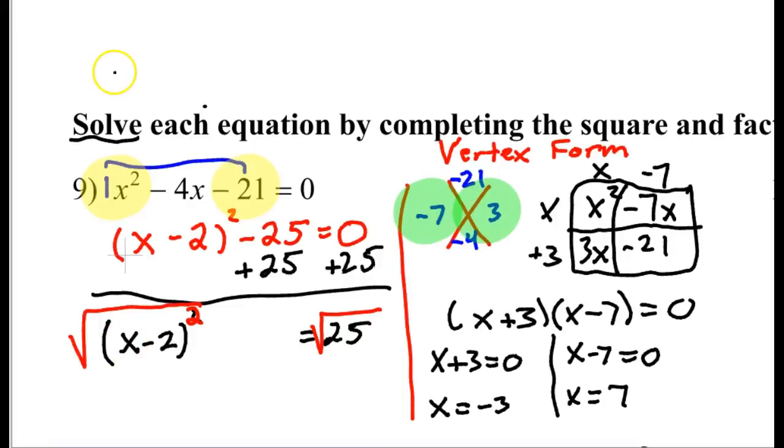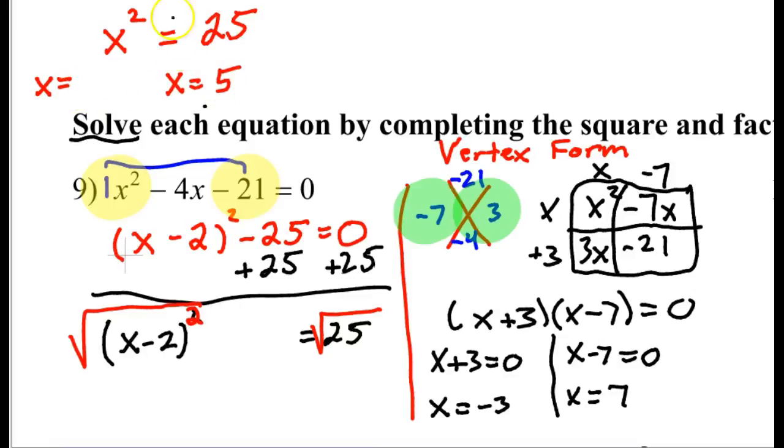Now, before we get too far, ask yourself, we have some number squared and it's equal to 25. What number squared equals 25? So what number times itself equals 25? Okay, you get 5, but what's the other number that does that? What other number times itself equals 25? Think about it for a second. We have 5.